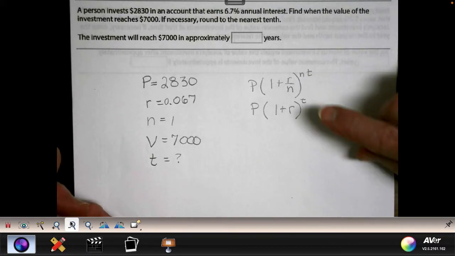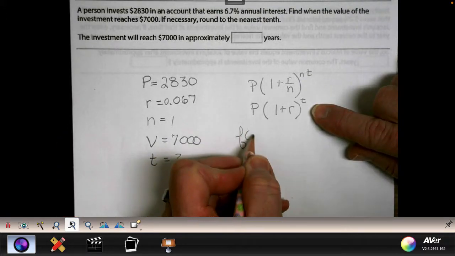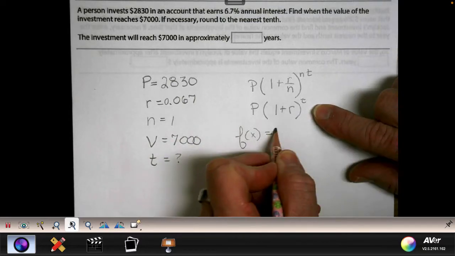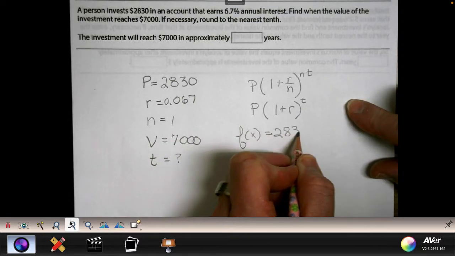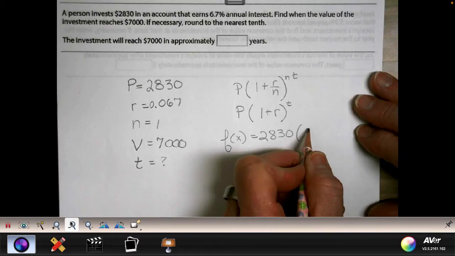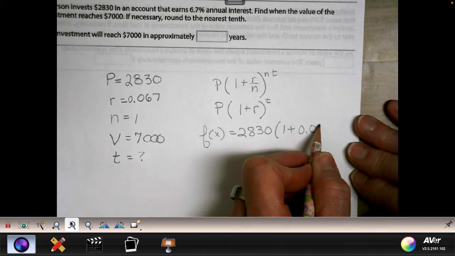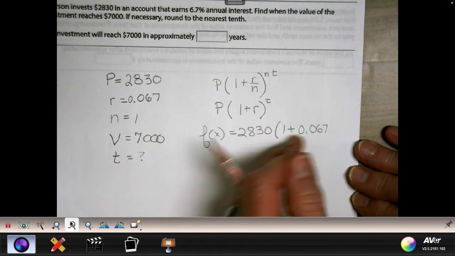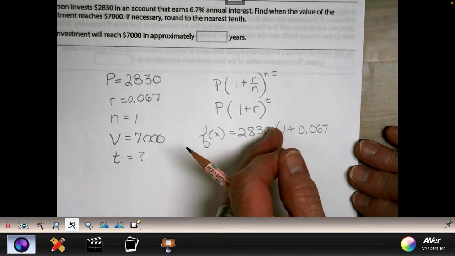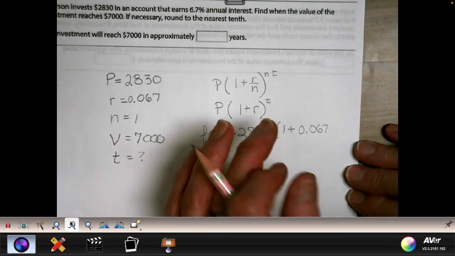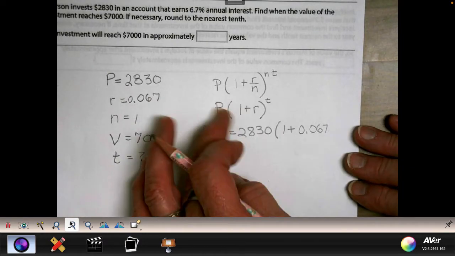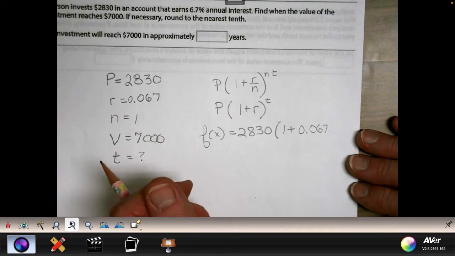So you remember, you want to graph your function first. P times 1 plus 0.067. Now you can go ahead and add those and just enter in 1.067, but if you like to see things how they're made, you can put that in.